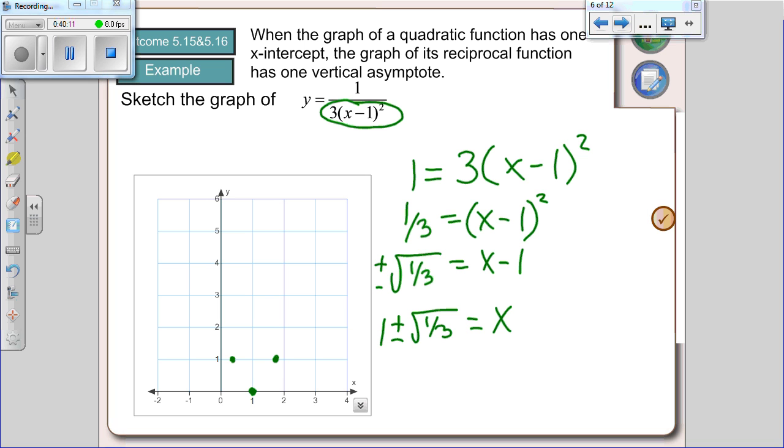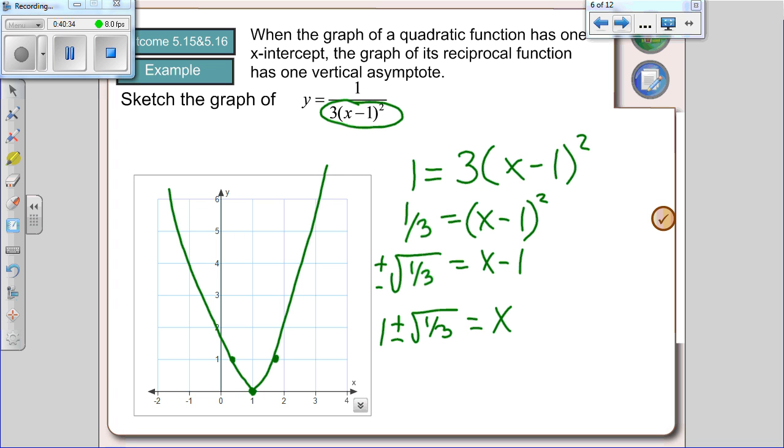Now, I can connect my dots. My graph looks something like that. Now that I have my graph, I can reciprocate it. I have 3 steps to reciprocate it.